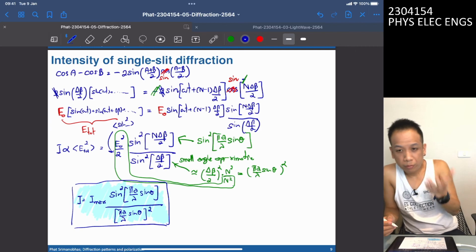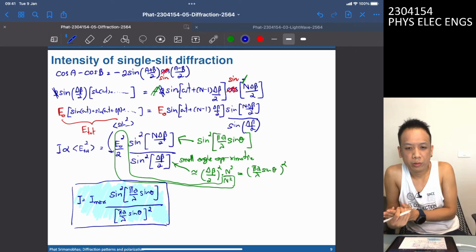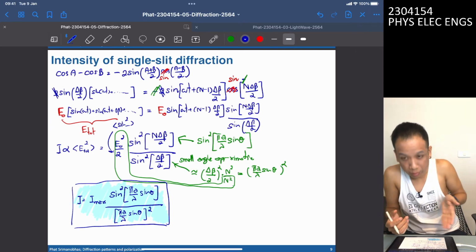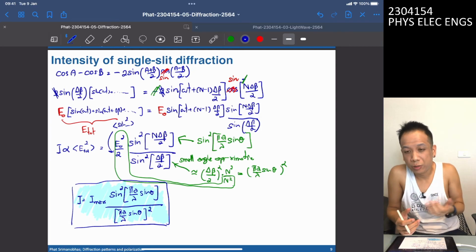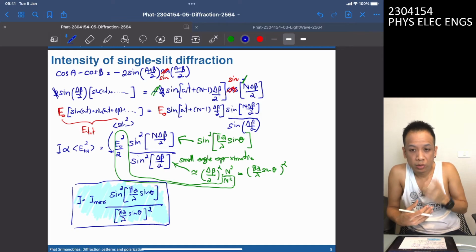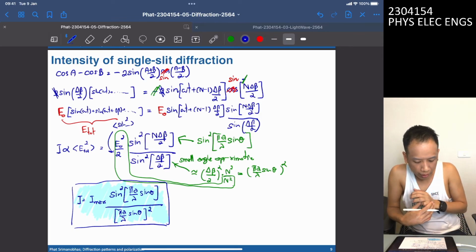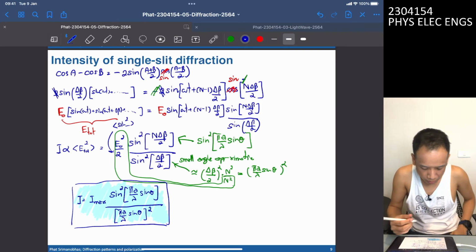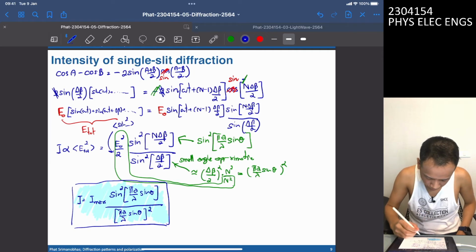When you prove this, you have to make sure whether this is right or not. So you can try to find the minima conditions. The minima condition is that you make the sine squared become 0.